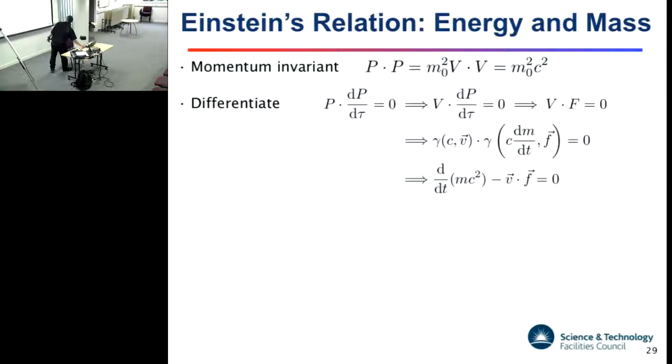You've got this momentum invariant here. So P dot P, remember P, that's the M naught gamma, oh god, I can't remember the C's.